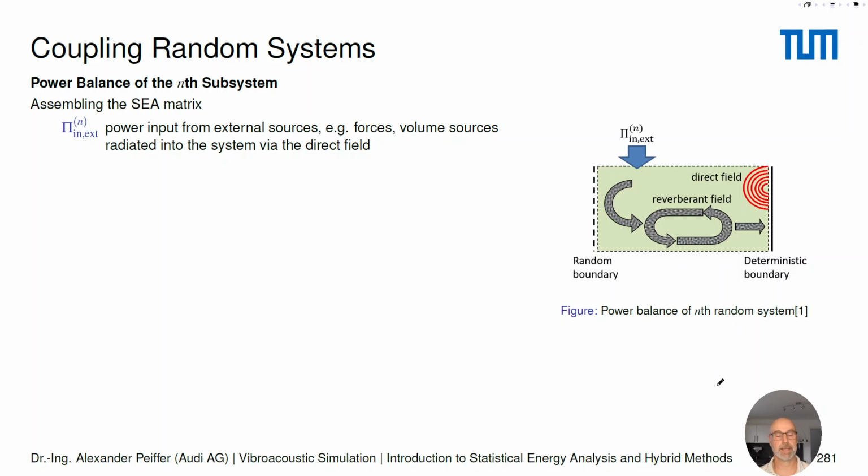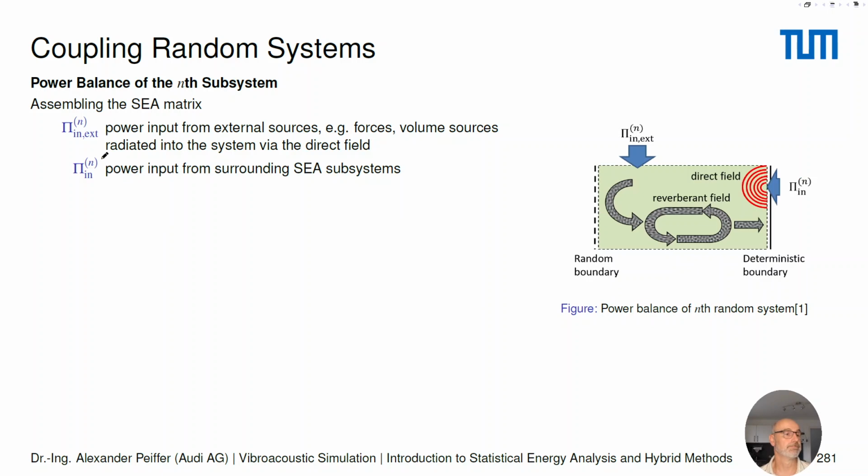So now let's go for the global balance of everything, all the power input and output, and let's assemble the SEA matrix for a second time from the hybrid theory, more or less. What kind of power flow do we have? We have the input power, which comes from the external, could be whatever, an external force, introducing energy into our direct field.